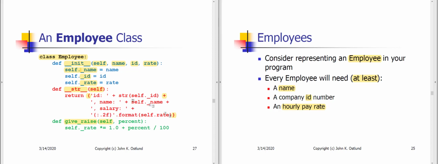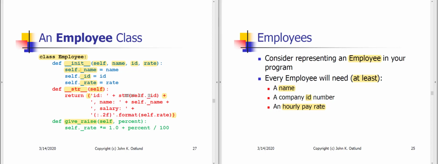So what are we returning here? We're returning the literal string ID colon space, followed by the ID number. Now, I haven't said so, but let's presume that that ID number is an integer. So we're going to convert that ID number into a string and concatenate that onto the end of ID colon space.